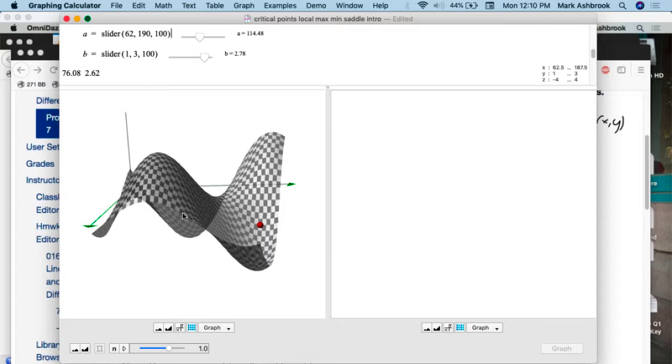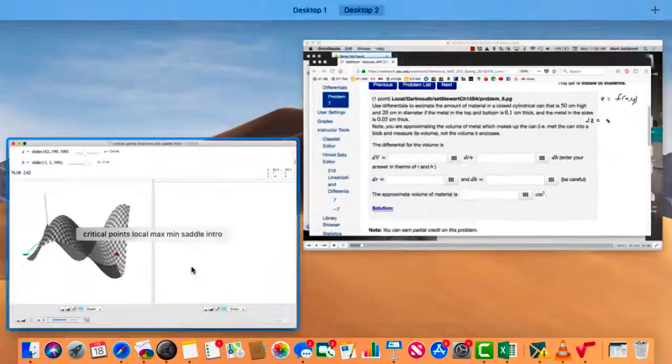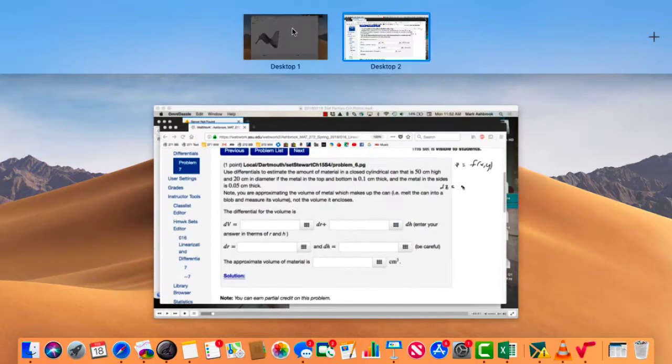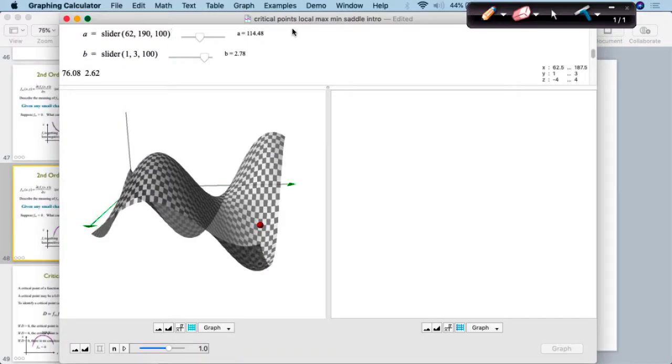All right, also all four. You're going to analyze the partial with respect to x, partial with respect to y, and the second partials.